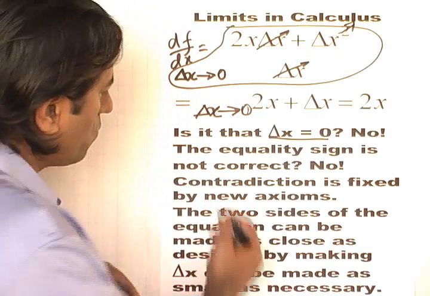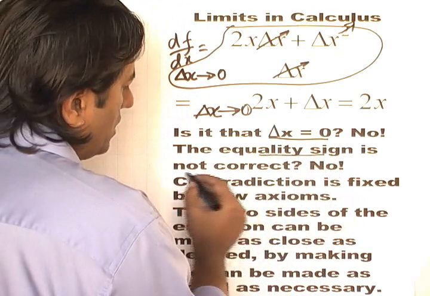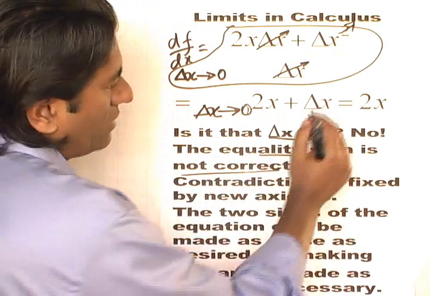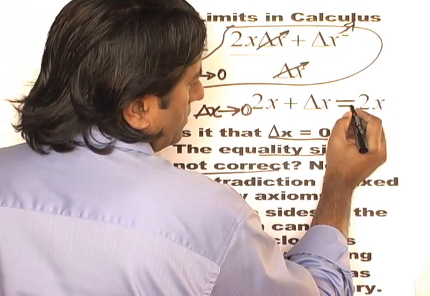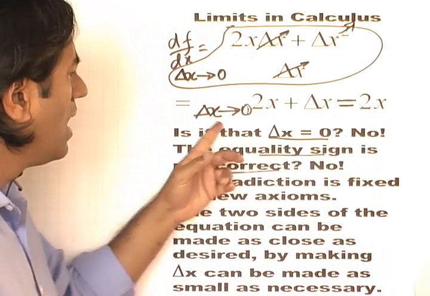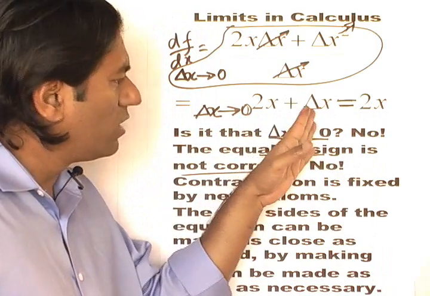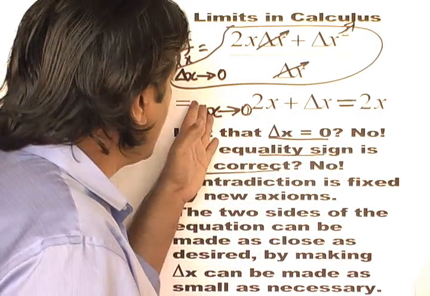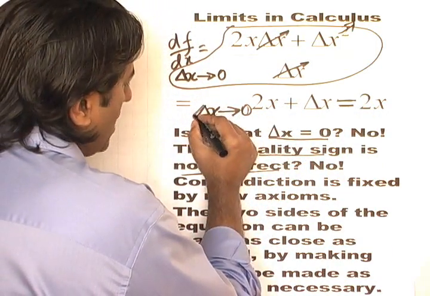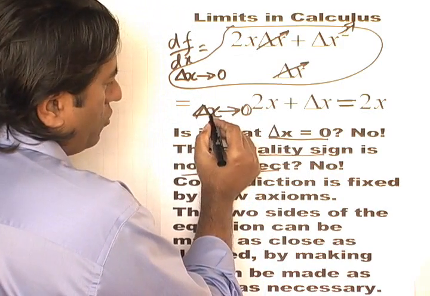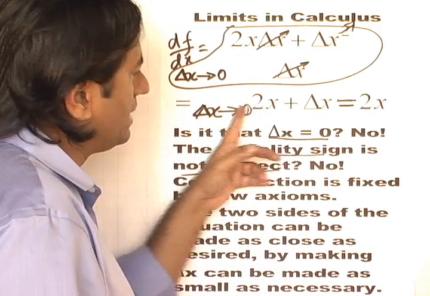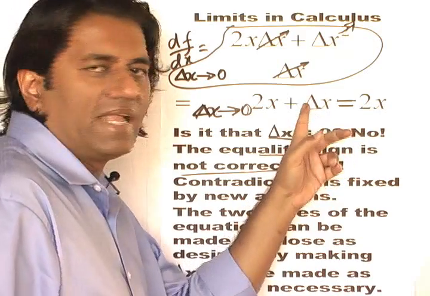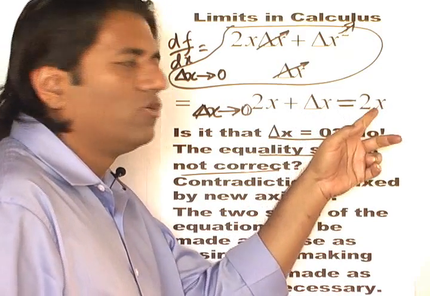So is it that the equality sign is not correct? And the answer is no, actually the equality sign is correct. However, here on the left hand side, you still have this limit which has not yet been applied, delta x approaches 0, and once you apply that limit, then you can ignore this delta x and make it go away, and you're only left with 2x.